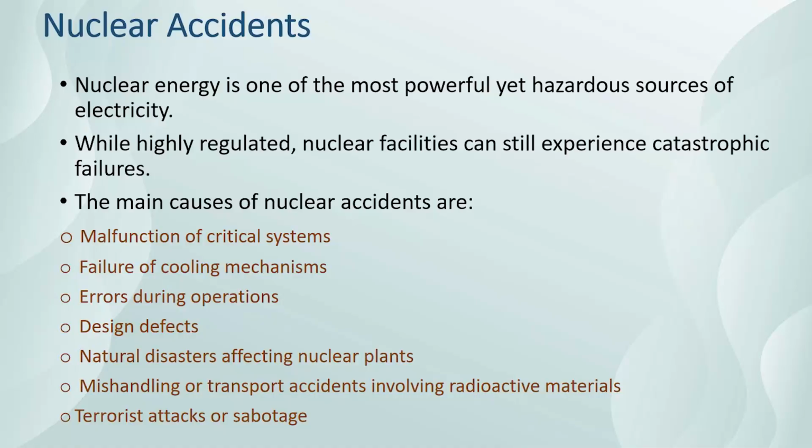Its main causes are malfunction of critical systems, failure of cooling mechanisms, errors during operations, design defects, natural disasters affecting nuclear plants, mishandling or transport accidents involving radioactive materials, and terrorist attacks or sabotage, which can cause technological disasters.